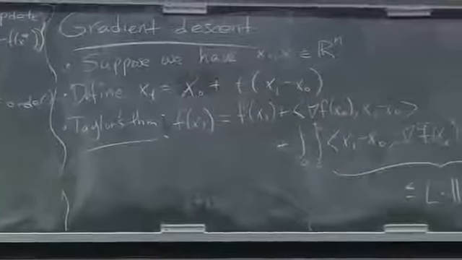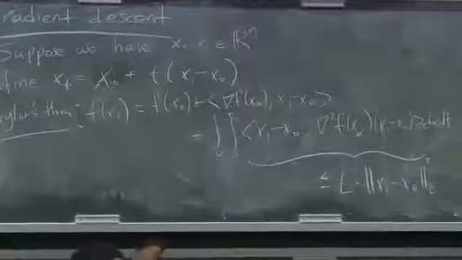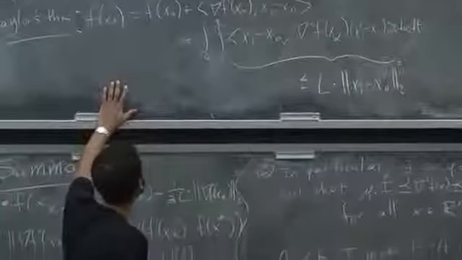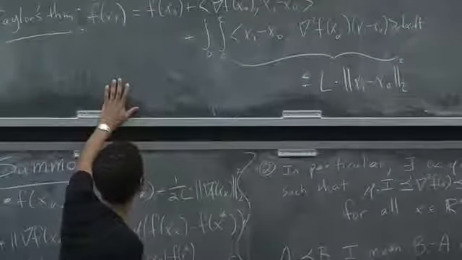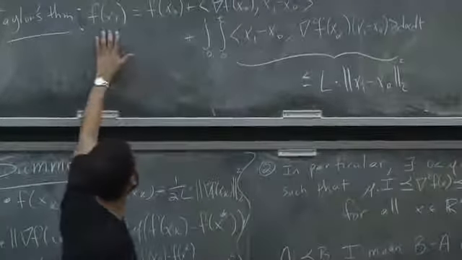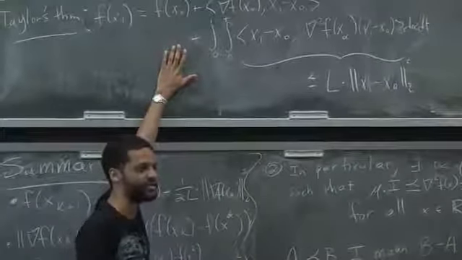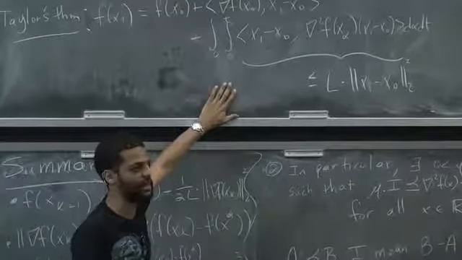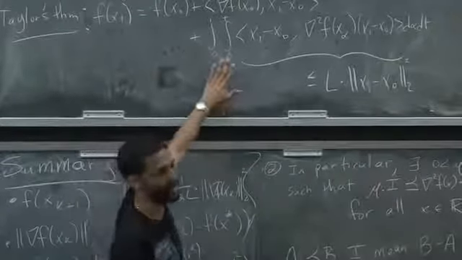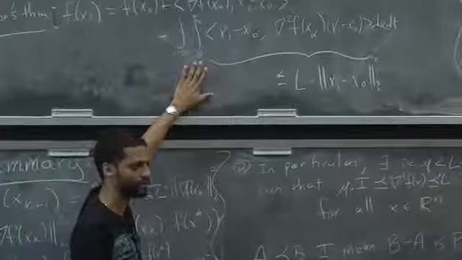Oh, here? Yeah. I just wanted to tell you where gradient descent comes from. The place where gradient descent comes from is writing down f of x_1 in terms of f of x_0 using Taylor's theorem with an explicit remainder, and then upper bounding the right-hand side using the information you have about the Hessian.